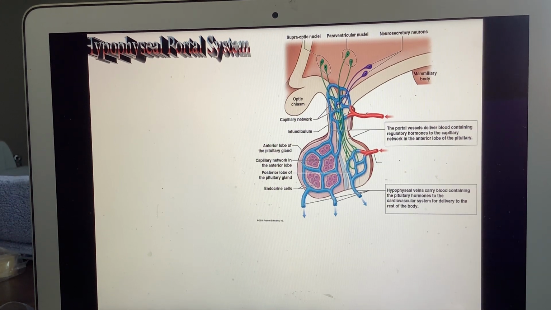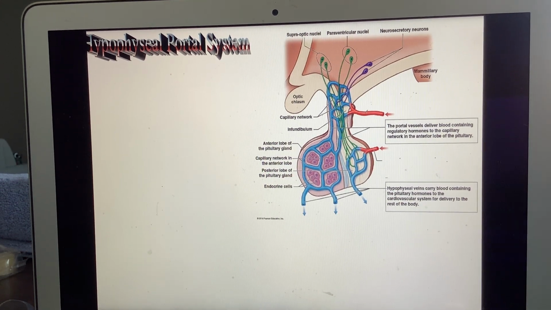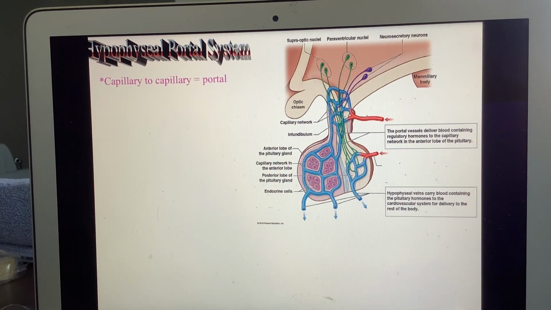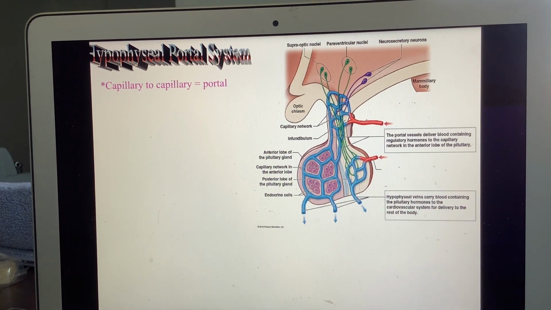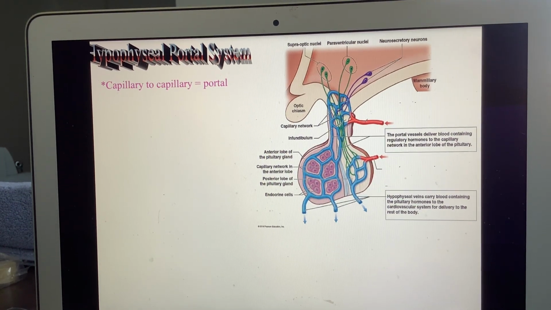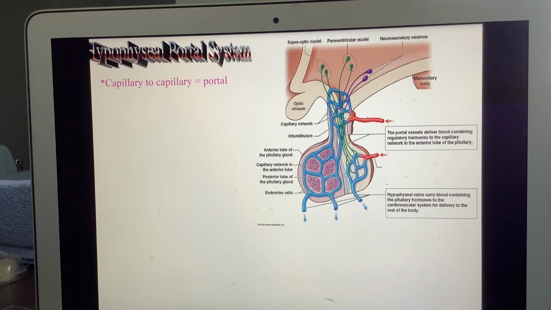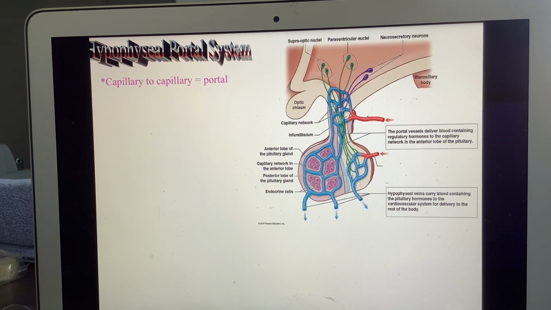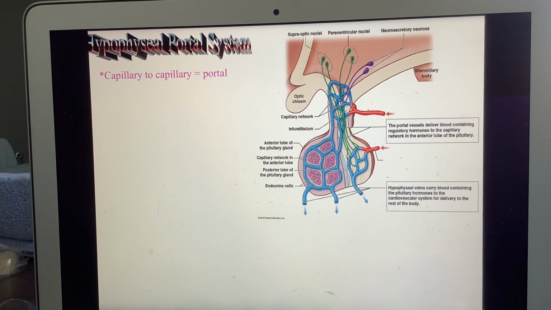This is going to be a unique system. When we talk about the hypophyseal portal system, it's a capillary to capillary connection. So we are going to talk later on about the hepatic portal system. Anytime you see a capillary to a capillary connection, it's called a portal system.